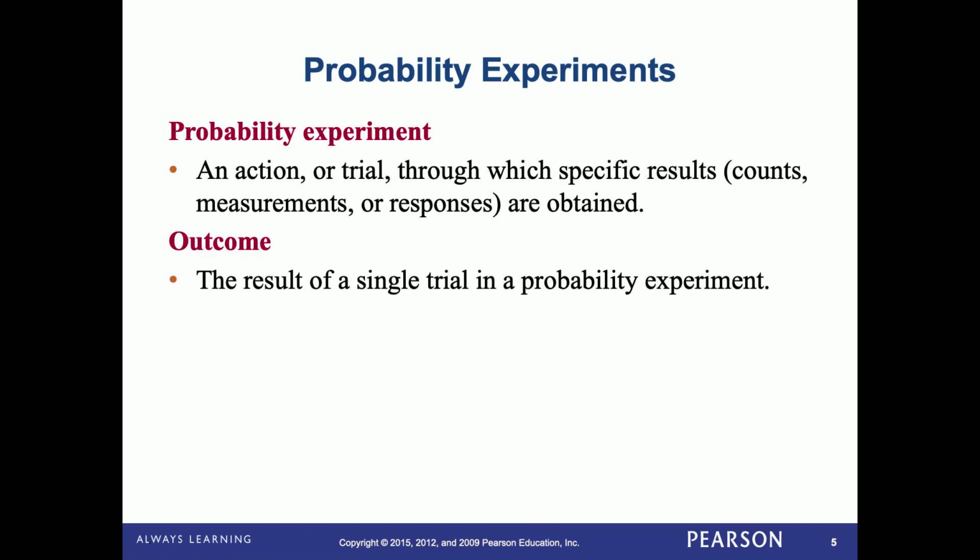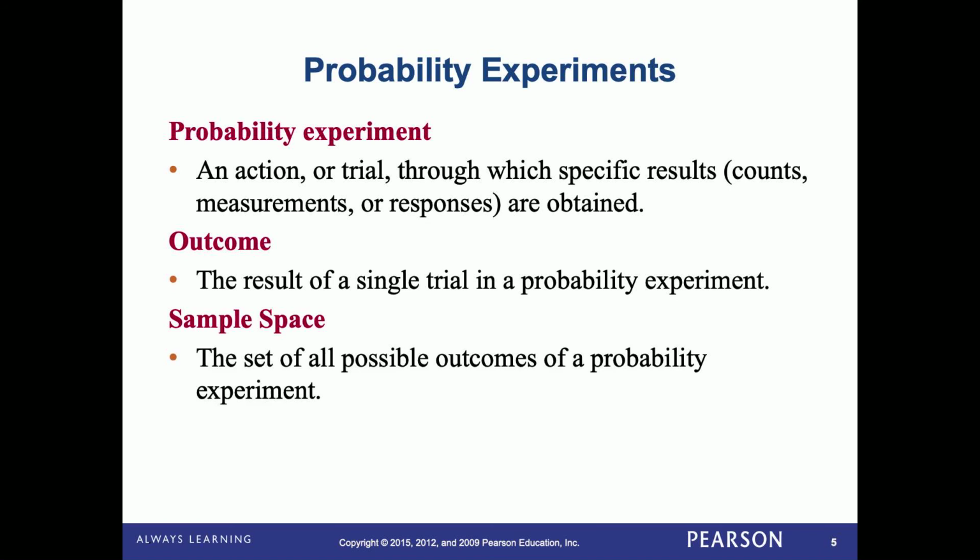Outcome. It's the result of a single trial in a probability experiment. Sample space. It's the set of all possible outcomes of a probability experiment. Flipping a coin, rolling a die, picking a card out of a deck of 52.